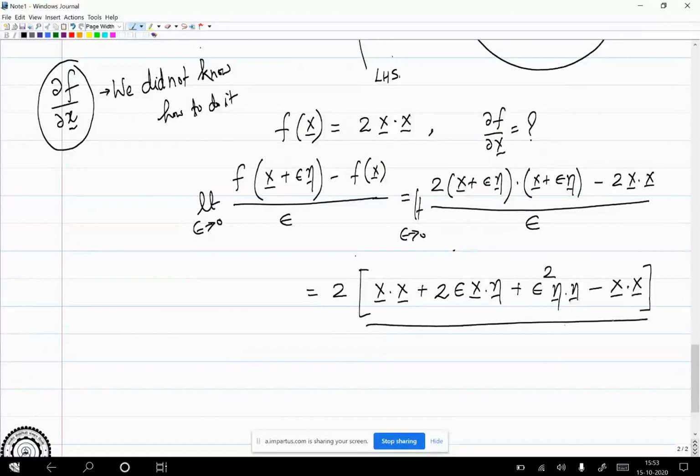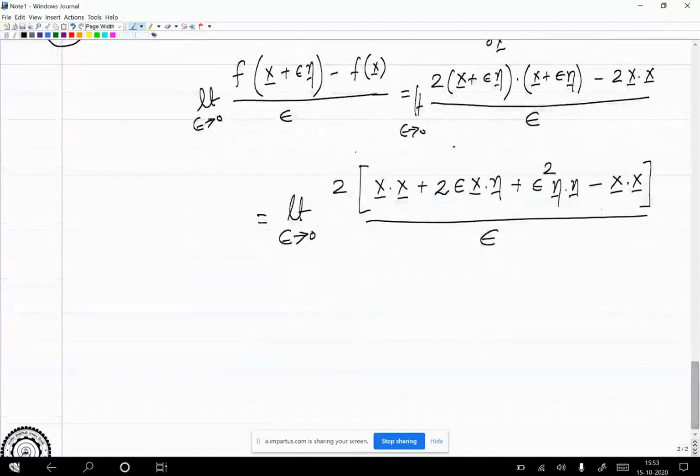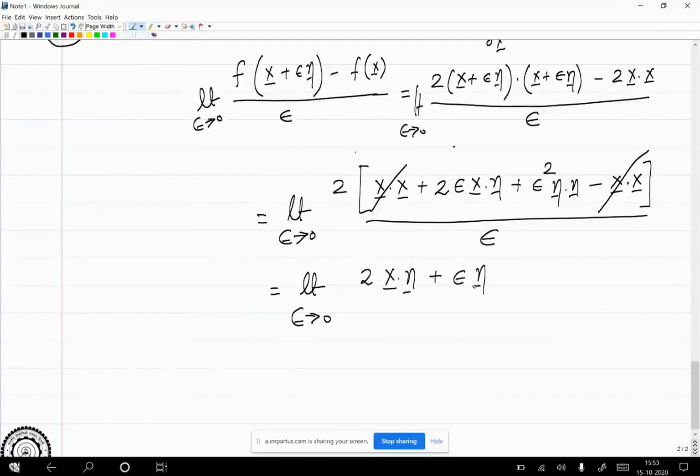And this has to be divided by epsilon, and then I have to take the limit epsilon going to 0. So you see, everything is perfectly fine. Then I subtract these two, it goes away. And this becomes limit epsilon going to 0 of 2 times x dot eta plus epsilon into eta dot eta, which is then equal to simply 2 times x dot eta.